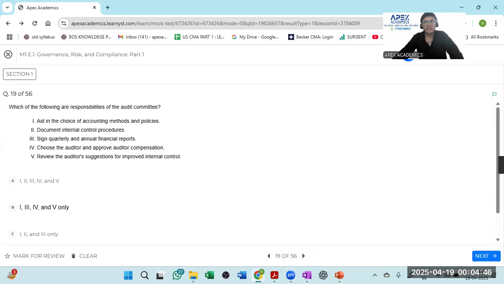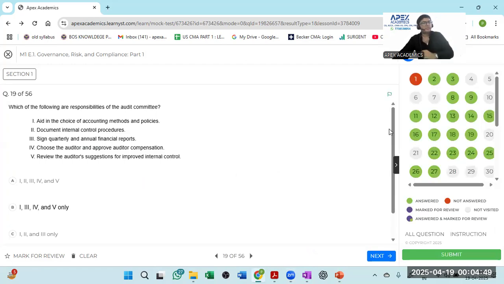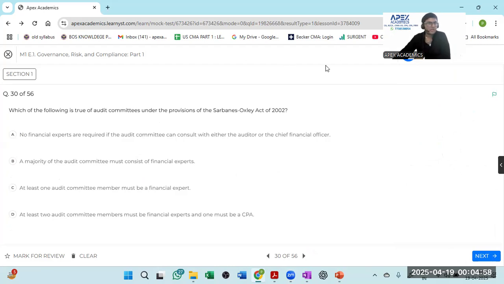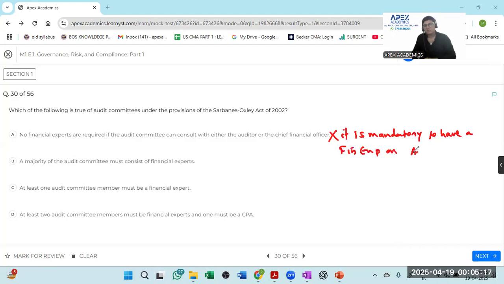Question 19 done. Next question please. Question 30. Which of the following is true about the audit committees as per the provisions of SOX? No financial experts are required if the audit committee can consult with either the auditor or the CFO. Wrong. It is mandatory to have a financial expert on the audit committee.